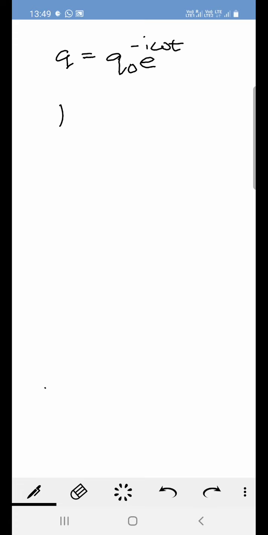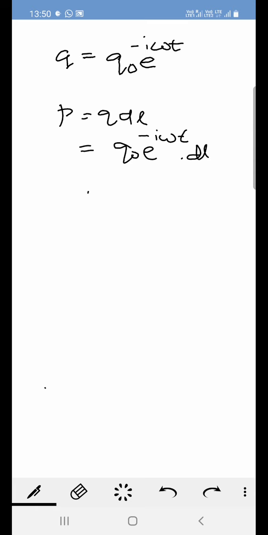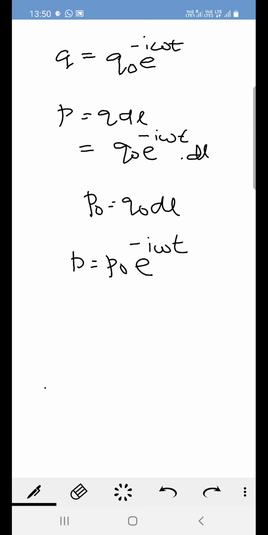Then we can write P is equal to q into dl, so this becomes equal to q0 e to the power minus i omega t into dl, and so if you write P0 is equal to q0 dl, then we can say that P is equal to P0 e to the power minus i omega t.